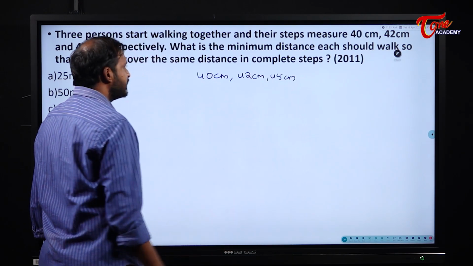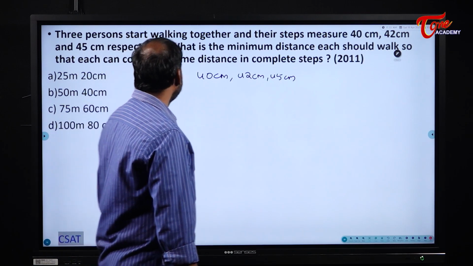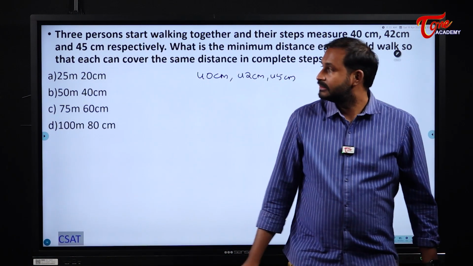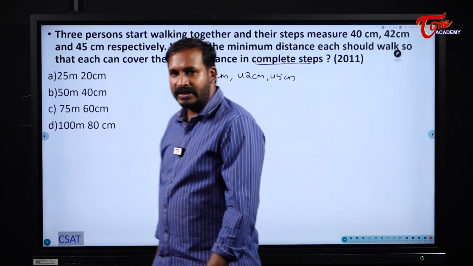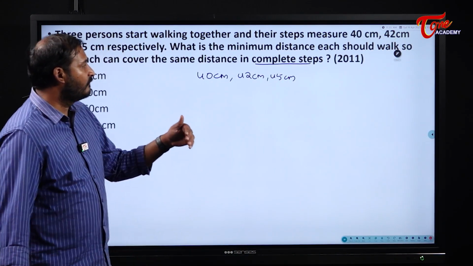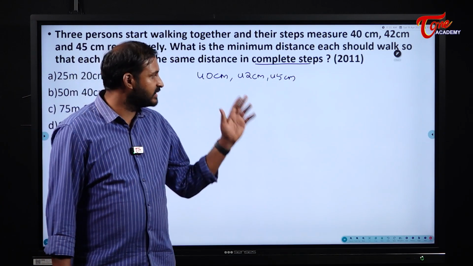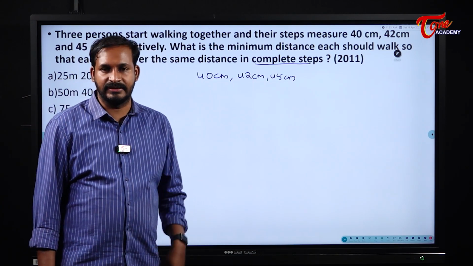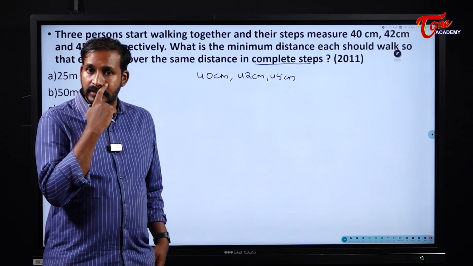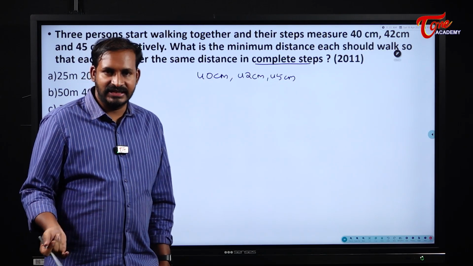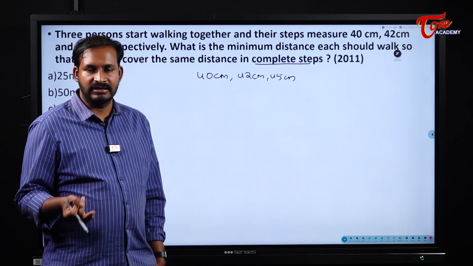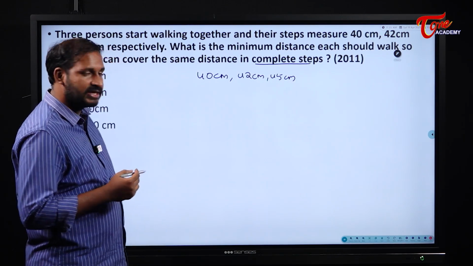What is the minimum distance each should walk so that each can cover the same distance in complete steps? Complete steps means everyone should make a complete step. This one is similar to traffic light signals or bell rings. All this comes under the same case.